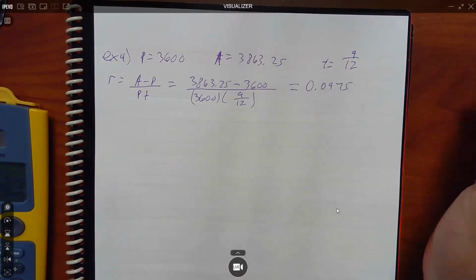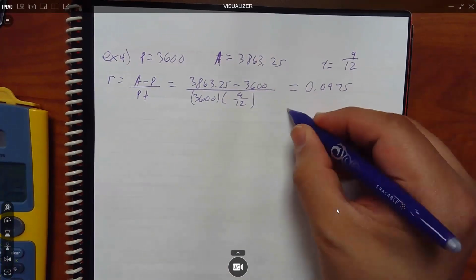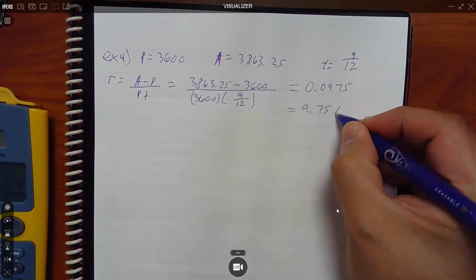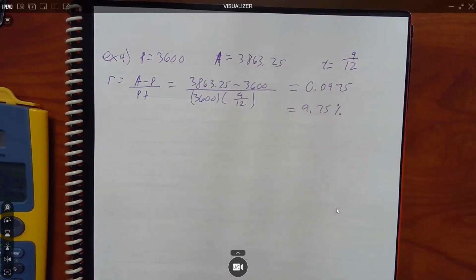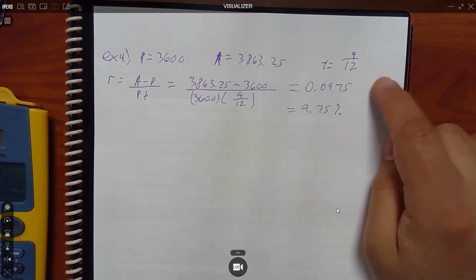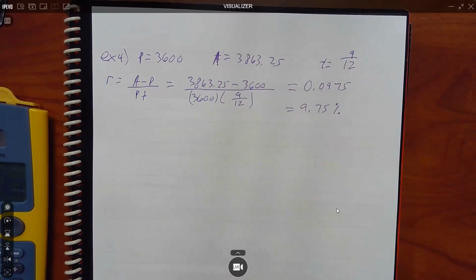So multiply that by 100 to get your percentage. So that'll be 9.75%. So if they ask for percentage rate on the homework, multiply by 100 on your answer. If they don't, then that should be fine, I think. So just use a formula to make it easy, just plug it in.